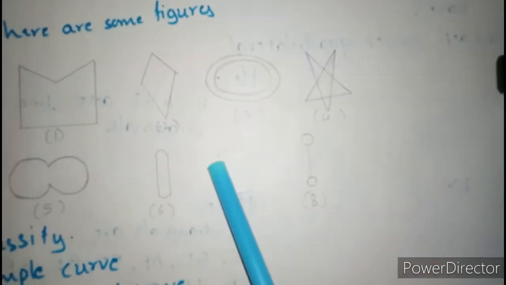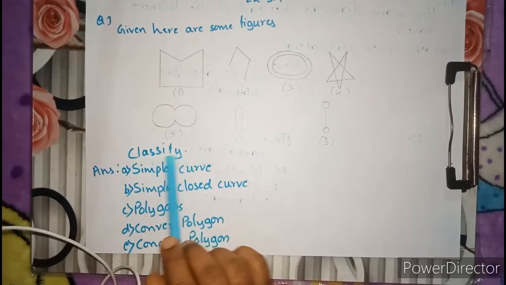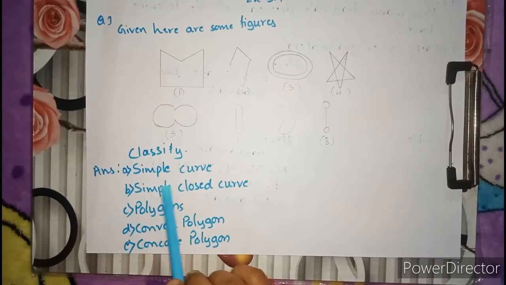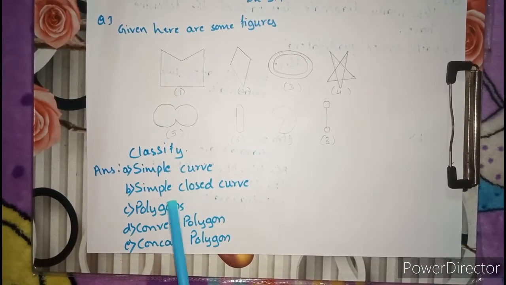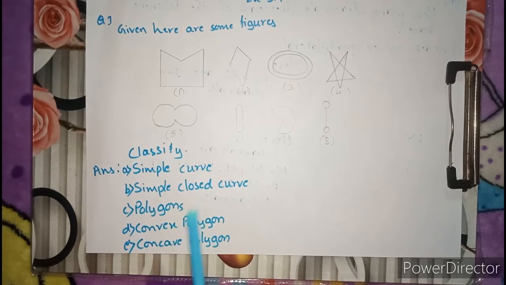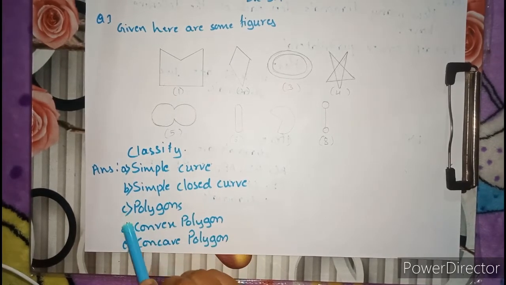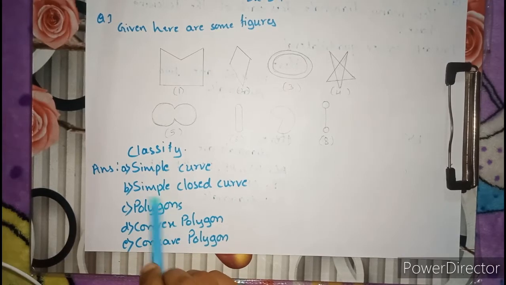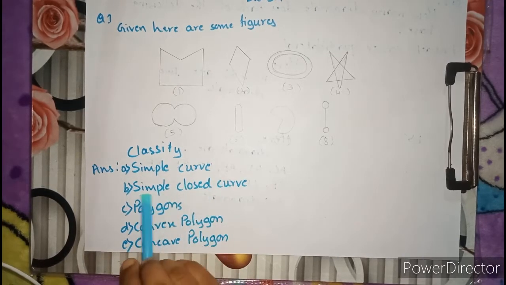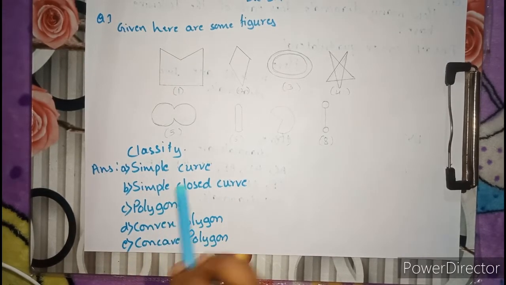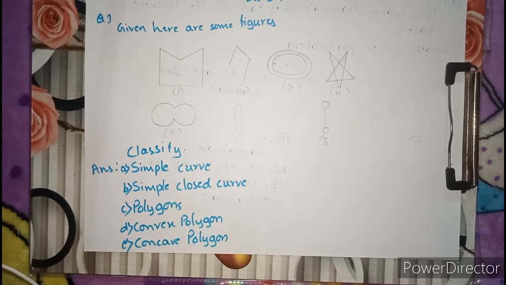There are 8 figures. Classify them as simple curve, simple closed curve, polygons, convex polygon and concave polygon. In the last video we discussed all these things: what is a simple curve, simple closed curve, what are polygons, what is a convex polygon, what is a concave polygon and all.